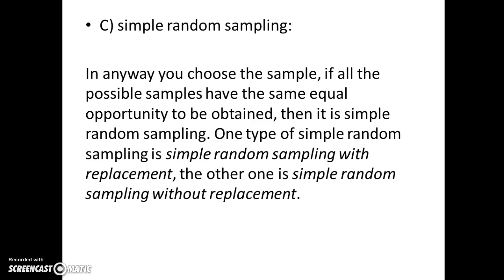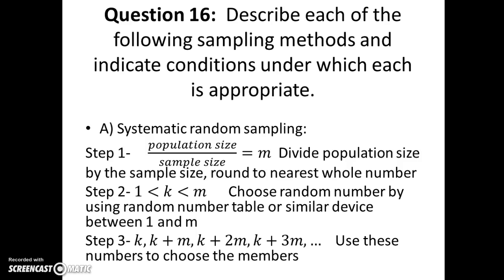There are two types. One type is simple random sampling with replacement. After you choose, you replace the member, so that member has an opportunity to be chosen again. The other type is simple random sampling without replacement. After you choose the member, you don't replace it, so the member is not chosen again.